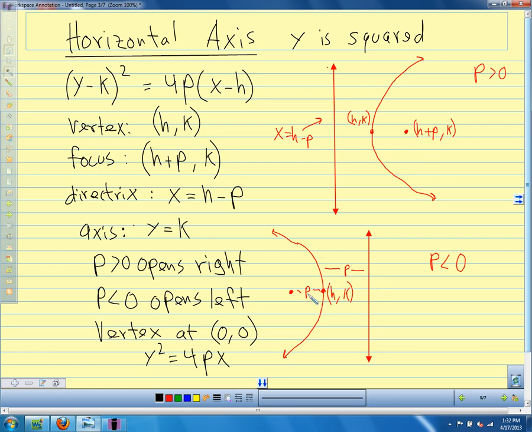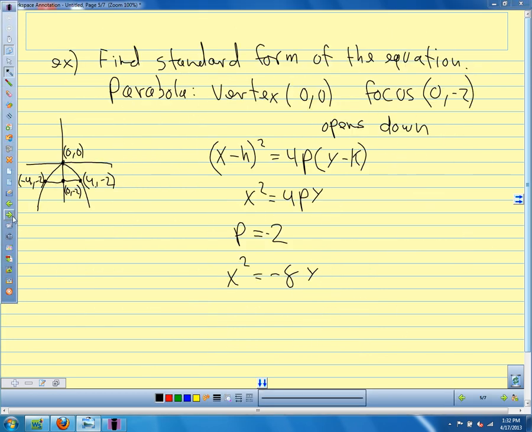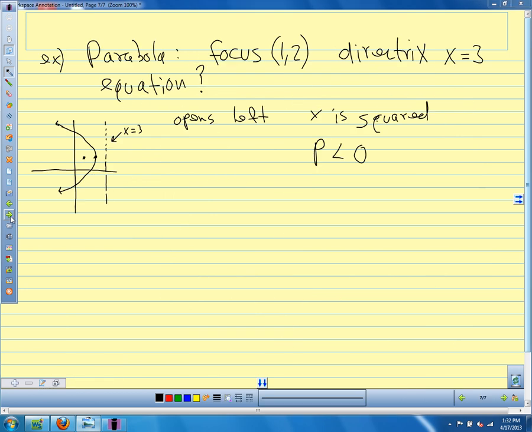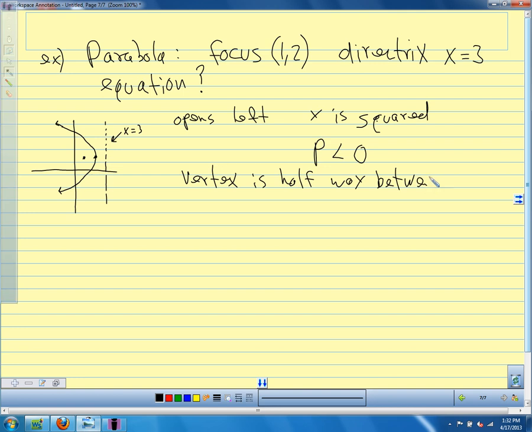The vertex is right in the middle of the focus and the directrix. So we can figure out where the vertex is on this parabola. The vertex is halfway between focus and directrix.